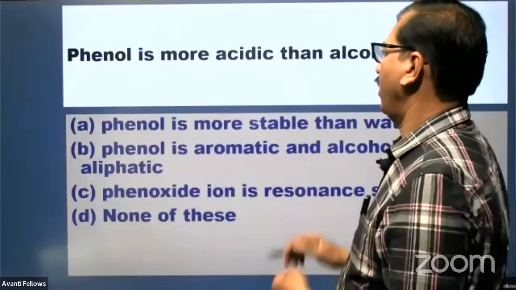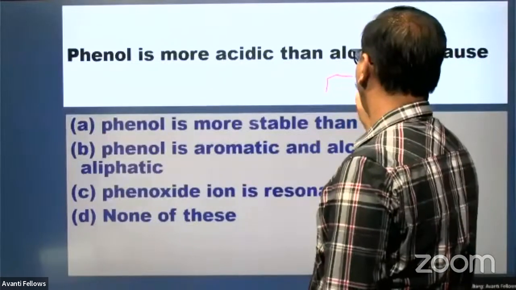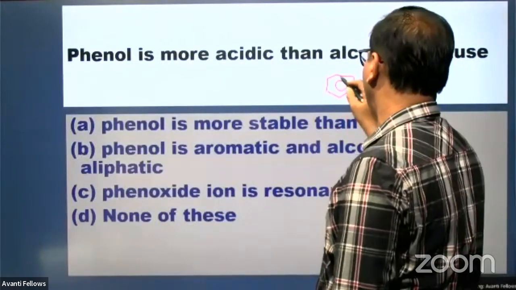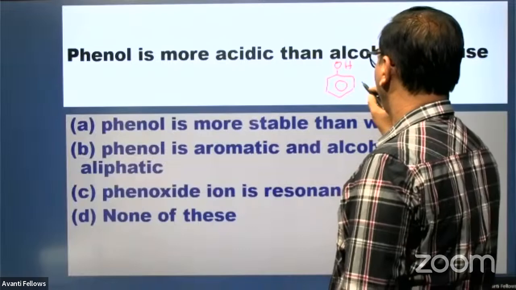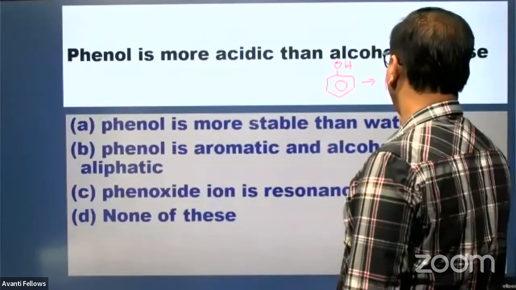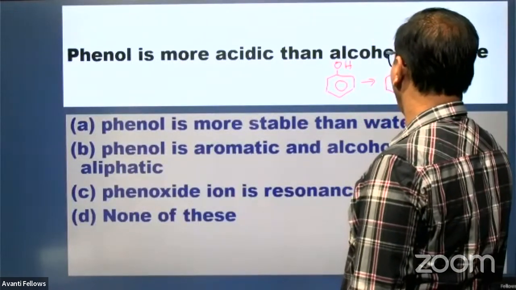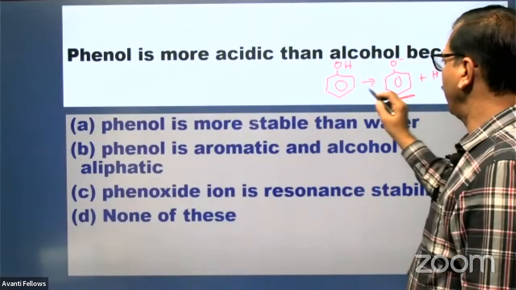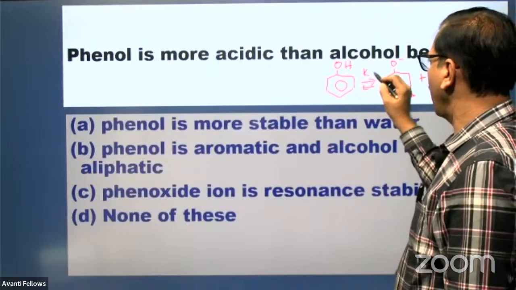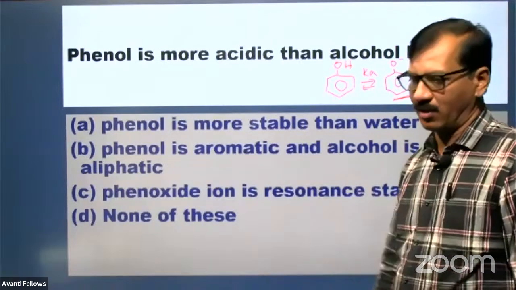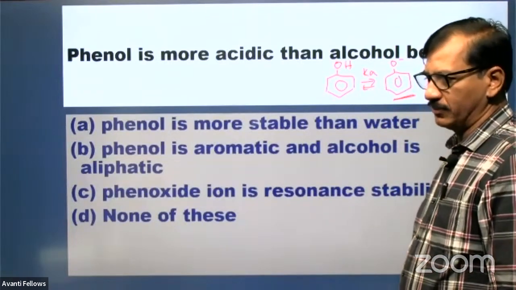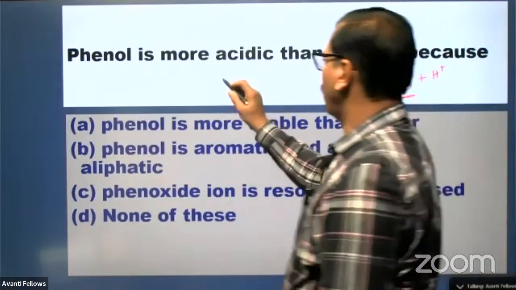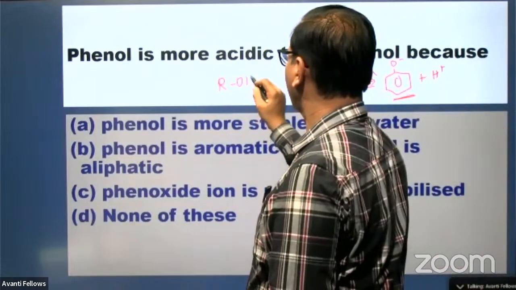This is a well understood topic, I believe, because phenol gets stabilized by the phenoxide ion. The stability of this leads to the higher Ka value of this particular compound. Whereas alcohols give RO minus plus H plus.